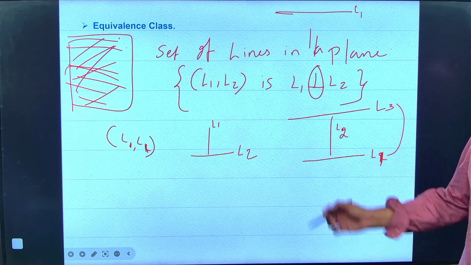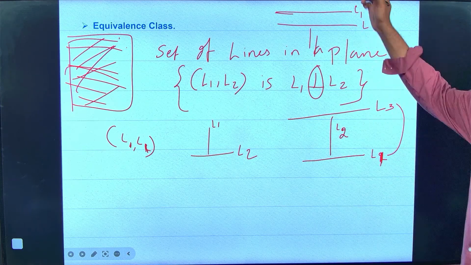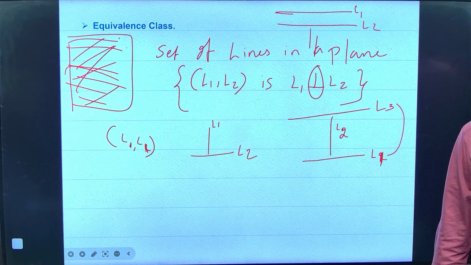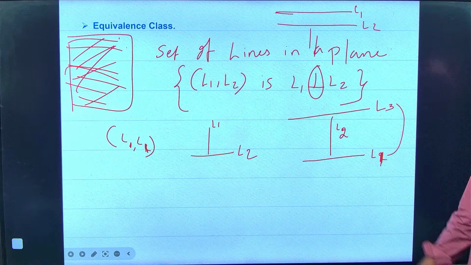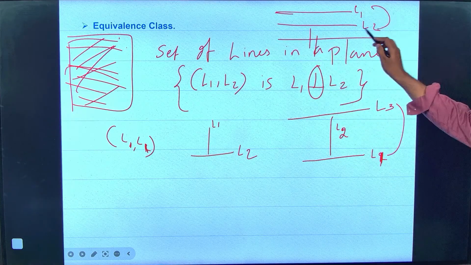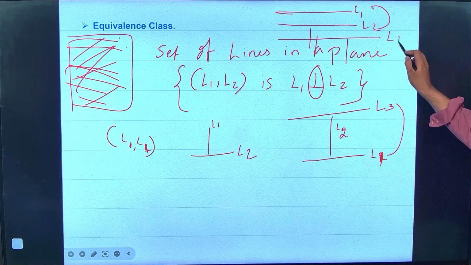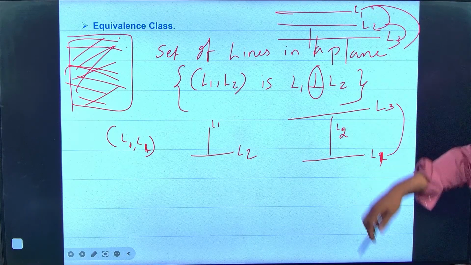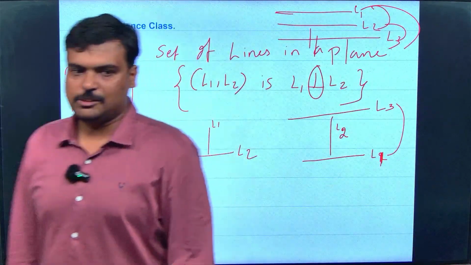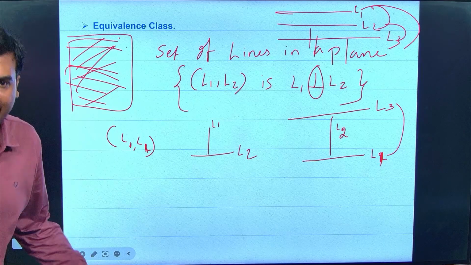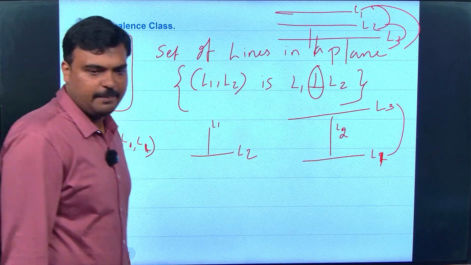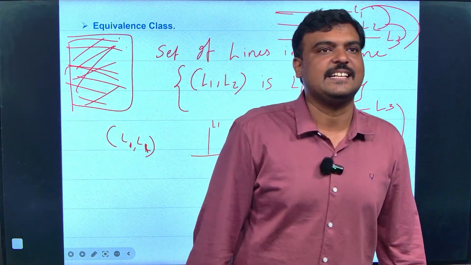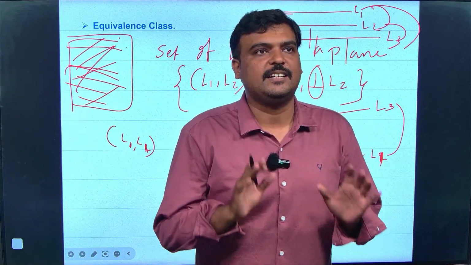L1 comma L2 is parallel, so L2 comma L1 is also parallel. Whether it is transitive? Yes, it is transitive. Why? Because if L1 and L2 are parallel and L2 and L3 are parallel, definitely L1 and L3 are also parallel. So the parallel became an equivalence relation. I hope you guys got it right.